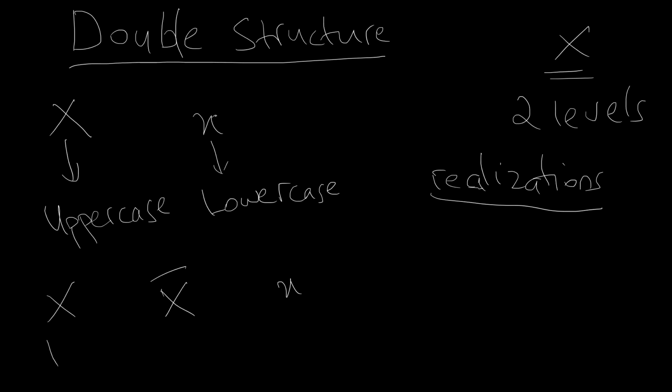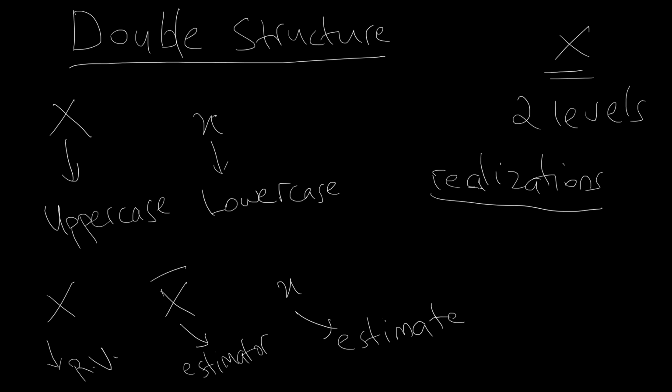So this is our random variable. Okay, RV is for random variable. This is our estimator. And this right here is going to be our estimate. So we are using the lowercase for the estimate again. Okay, so remember that these distinctions are very important.